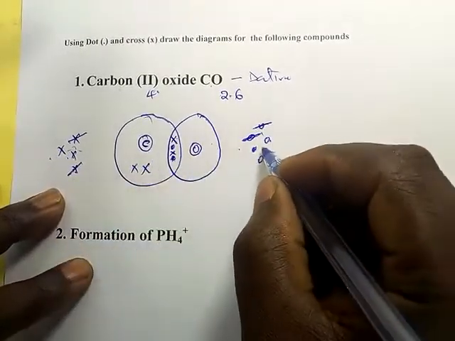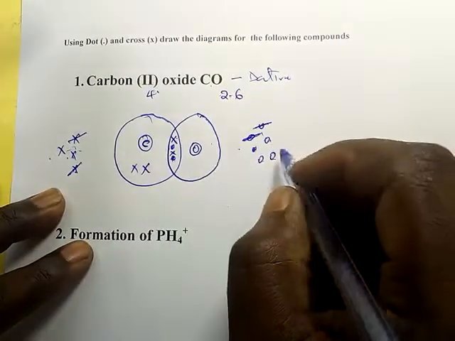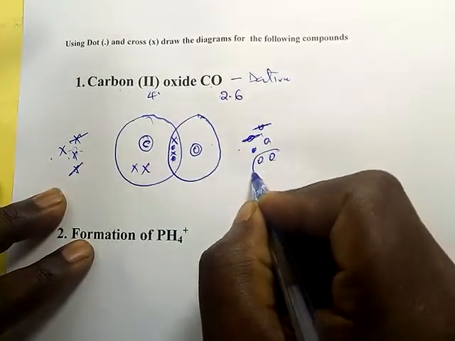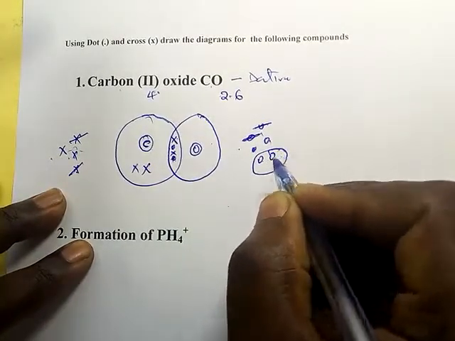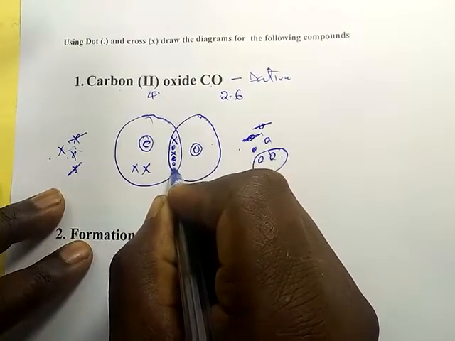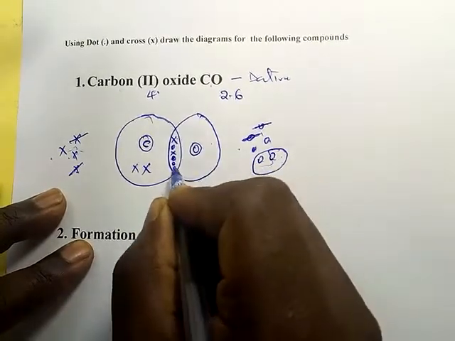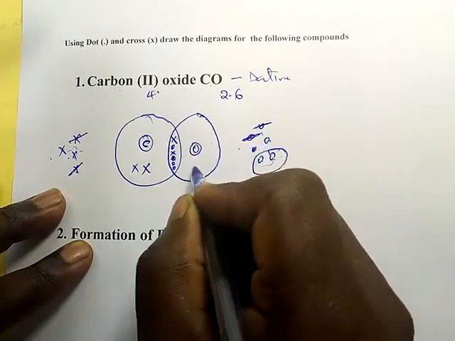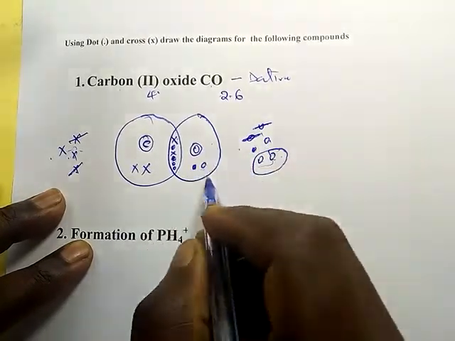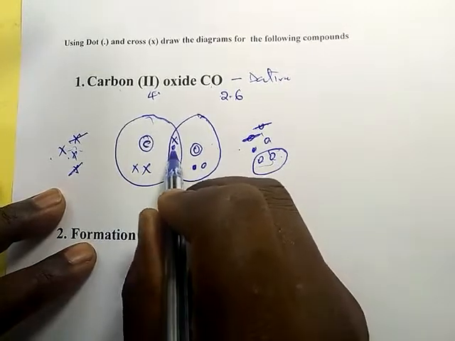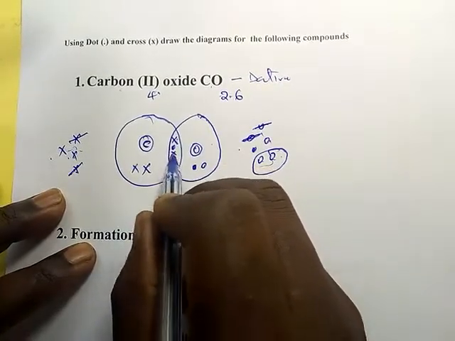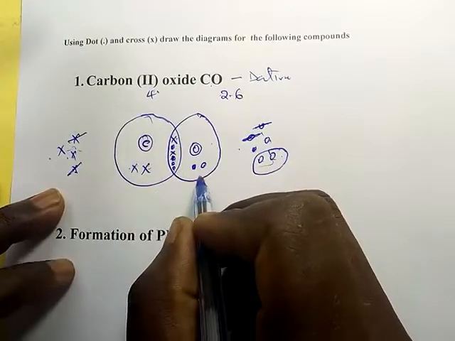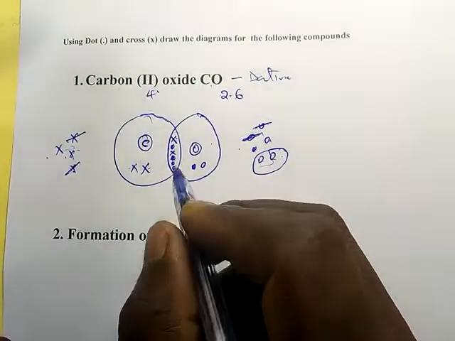This is the point where oxygen brings in its own pair to be shared. So now that's where dative bonding comes in. When you count now, 1, 2, 3, 4, 5, 6, 7, 8, each atom is now stable.